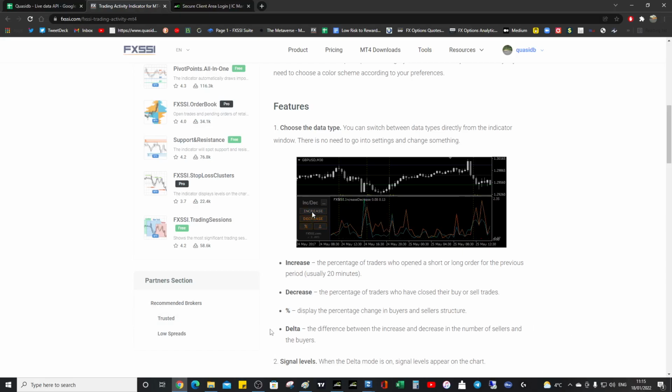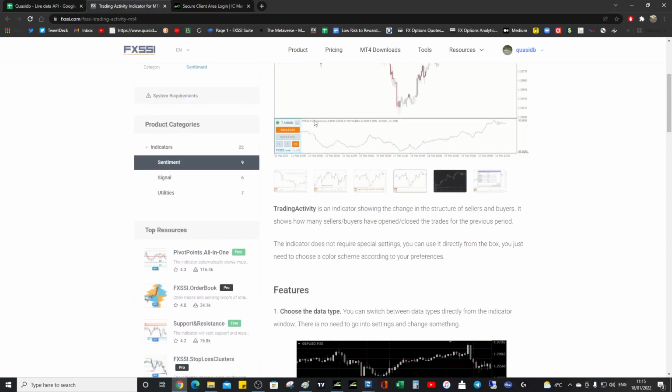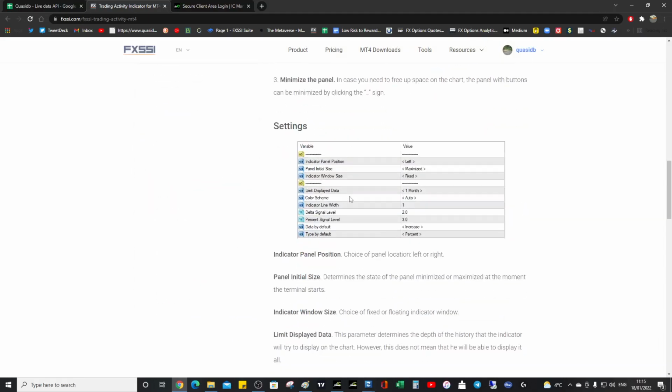If we're talking weekly demand, it's going to bounce off that, and if the sellers are increasing, then it's going to be a buy up, because sentimentally it's a buy, technically it'll be a buy. So you try and get this to align with technicals, in my opinion. And so it's very useful. Trading activity is pretty awesome.